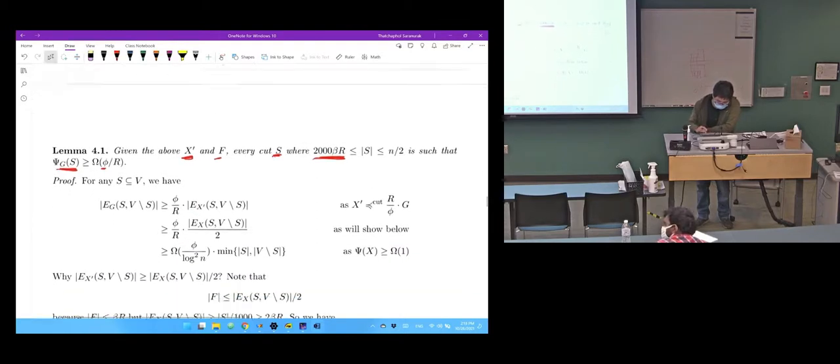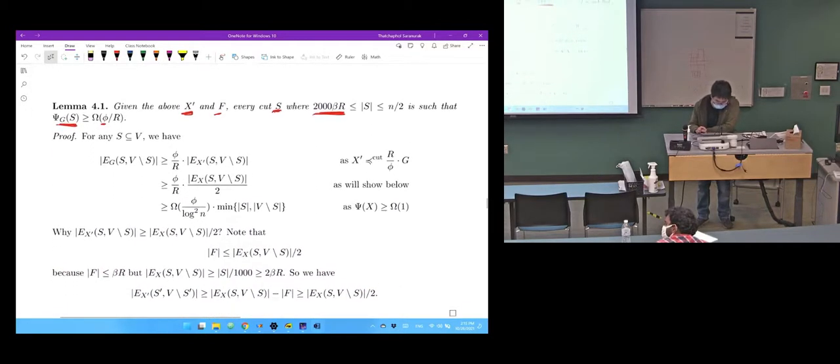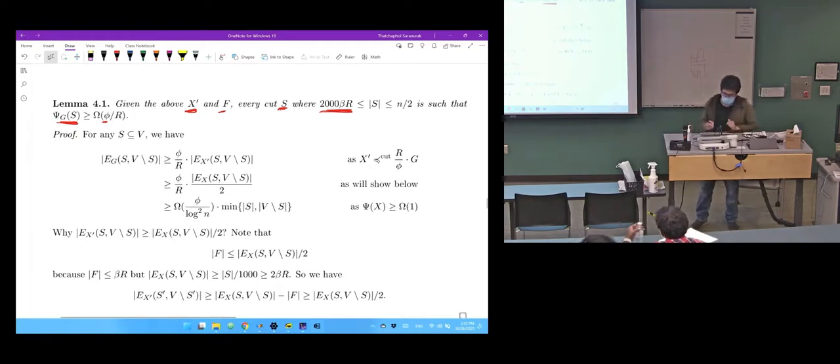All right, and here's the proof. Okay, let's see. So this step is going to be very similar to before. Because we can embed X prime with this into G, you get that X prime is less than G in the cut sense.